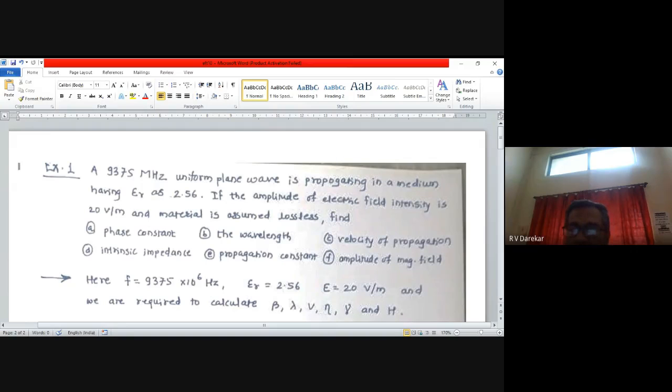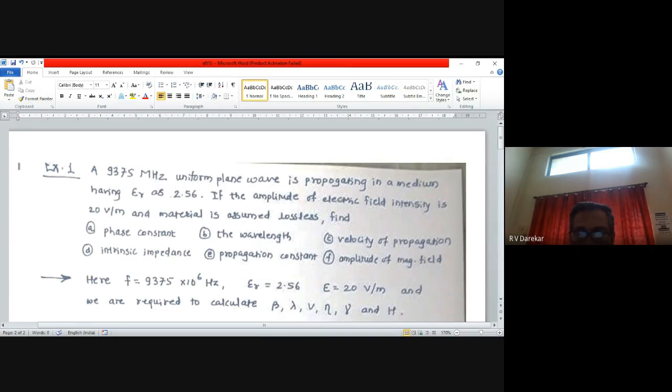The wave is propagating in a medium having epsilon r of 2.56, and the amplitude of the electric field intensity is 20 volt per meter. Remember that the amplitude of electric field intensity is always measured in volts per meter, and the amplitude of magnetic field intensity is measured in ampere per meter.